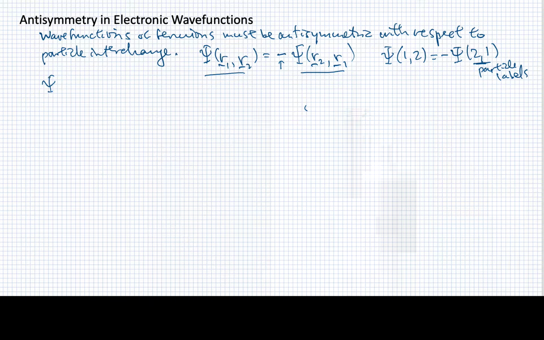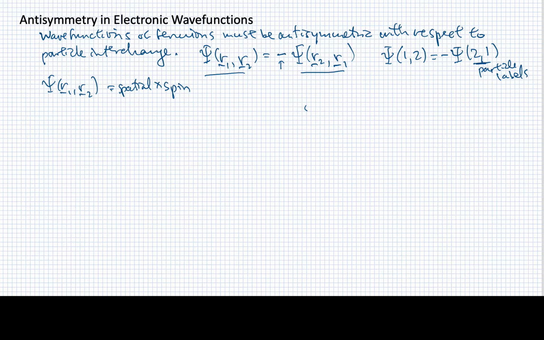Okay, so when I build a wave function for a multi-electron system, we'll use a 2-electron system as our example, but this would apply to any of those. What I can do is write this as a spatial part times a spin part.